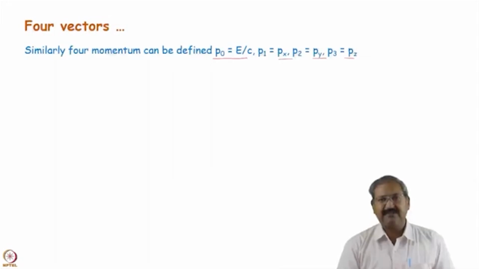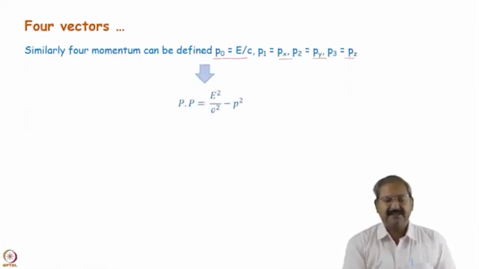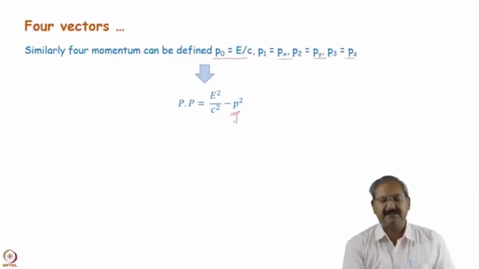Due to this invariance, we can put the momentum and energy conservation law in a very compact form, and it can be used when we study collisions in colliders. So this will be E square by c square minus P square, the inner product of the four momentum. This P square is the space-like component, and E square by c square is the time-like component. The space-like component again has a minus sign by our definition.